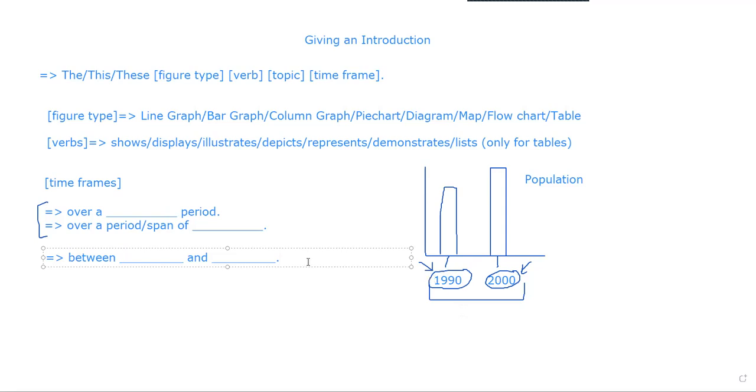And the second strategy that you can also use to give the specific starting point and the end point of a time frame is from and to. from এবং to দিয়েও বলতে পারেন, for example from 1990 to 2000. Is that clear to everyone? From January to March, between January and March.